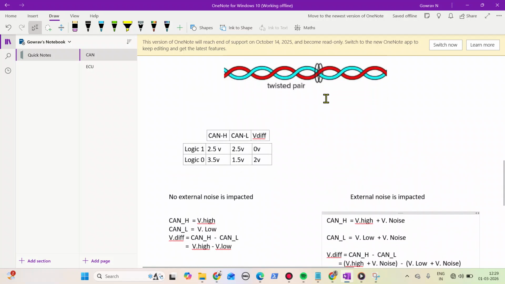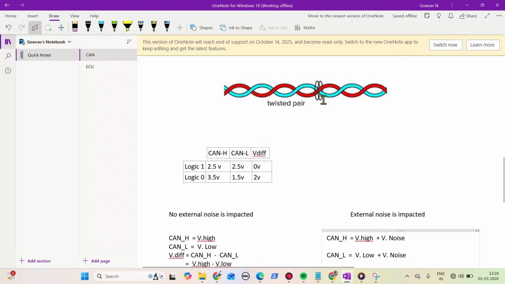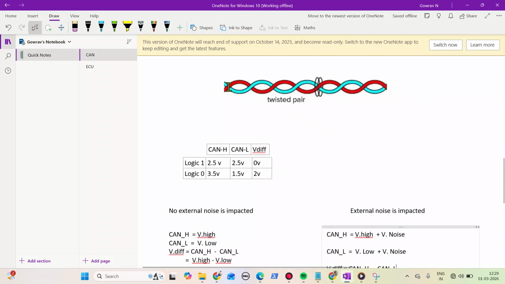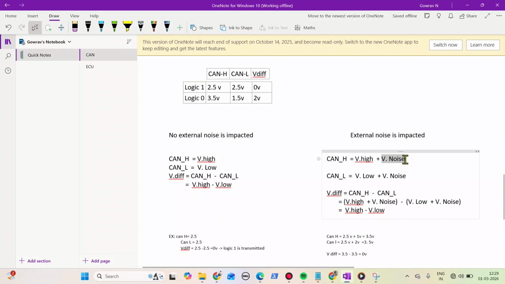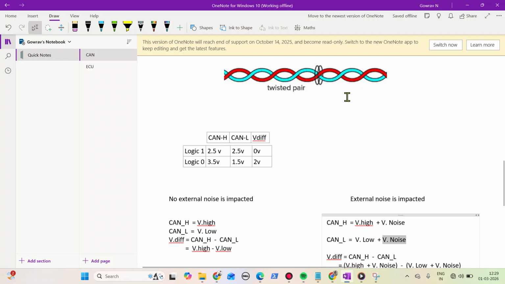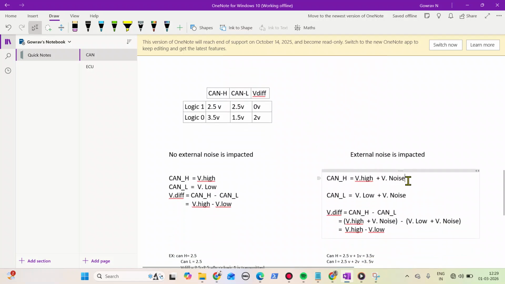So now you got clarity, right? Because we have this twisted pair, the same amount of noise will be induced in both the wires. So this is the purpose of using twisted pair. Without twisted pair, we cannot say the same amount of noise will be induced in both wires. There might be a difference.